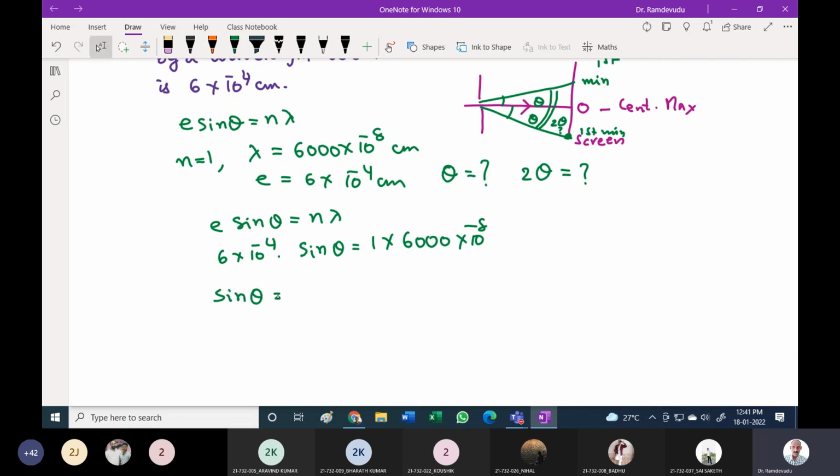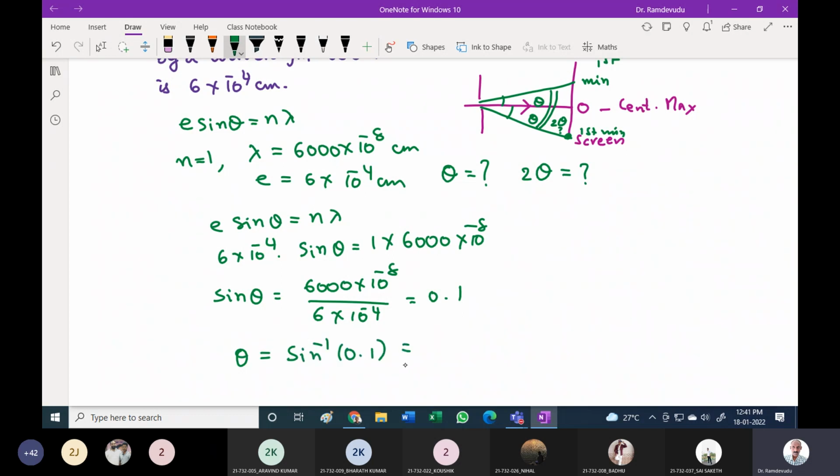So how much do you get? 6000 into 10 to the power minus 8 by 6 into 10 to the power minus 4 is 0.1. So therefore, theta is equal to sin inverse of 0.1.